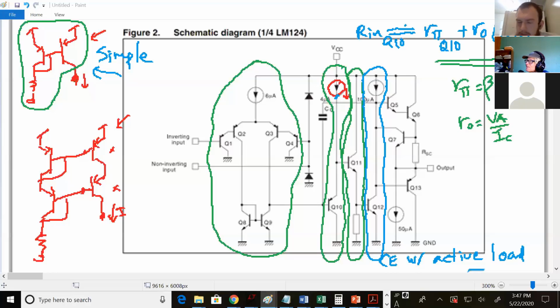So I think you're providing a lot of current down that way. Maybe. Yeah, I don't know. The only thing I can think of right now, looking at this, is that Q13 is used to decrease output resistance, and then now I don't know what else.